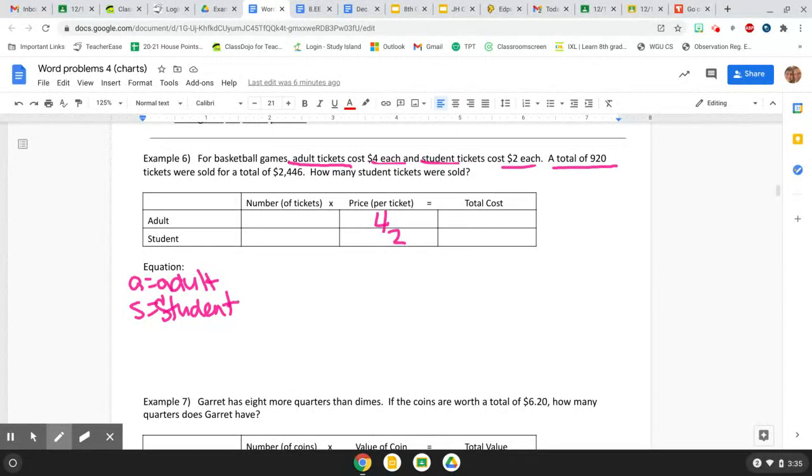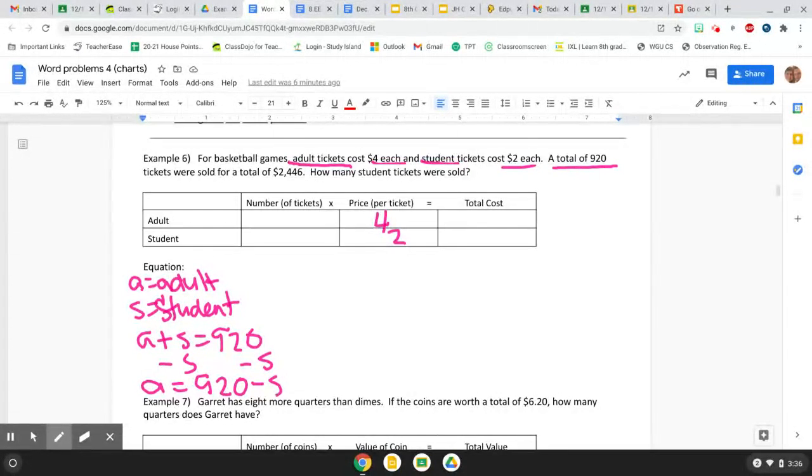It told us the total was 920. So A plus S should give me a total of 920. I'm going to choose S as my variable. So I want to solve this equation for A. I want to subtract S, so A would be equal to 920 minus S.